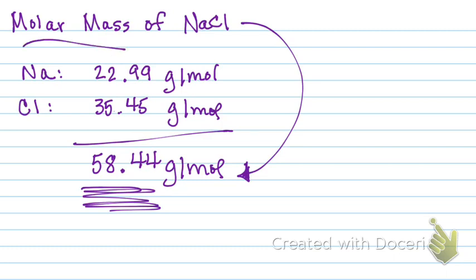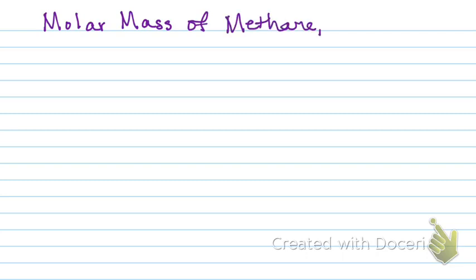So the molar mass of sodium chloride is 58.44 grams per mole. Got it? Perfect. All right, now let's do one more, and then we're going to move on. The molar mass of methane, which is CH4.